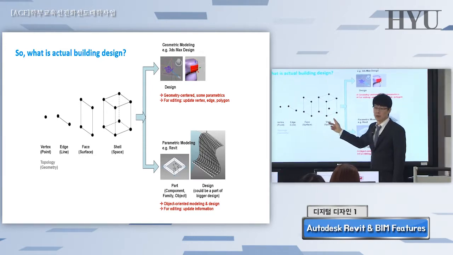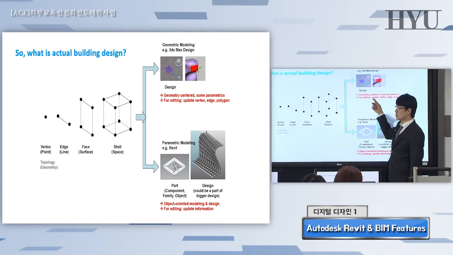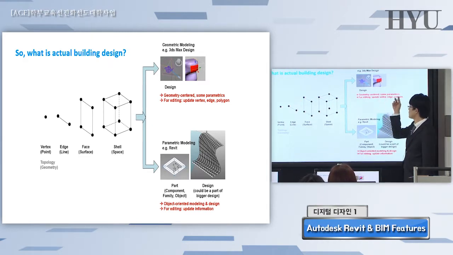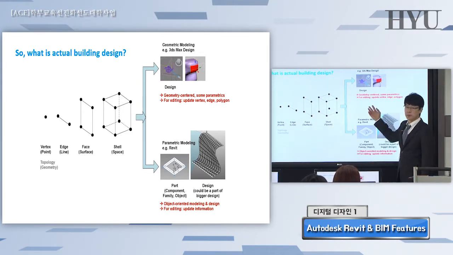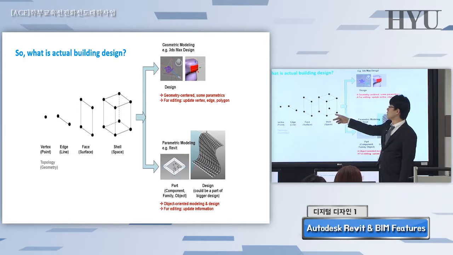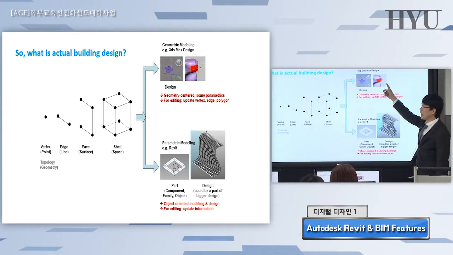Making a box first and trying to make some modification, transformation, into a very complicated shape. Geometry-centered, with some parametrics, and editing vertex, edge, polygon, using editable poly or some advanced tools in 3D Max to transform, okay, to modify this geometry into anything else. So eventually you can design anything else.